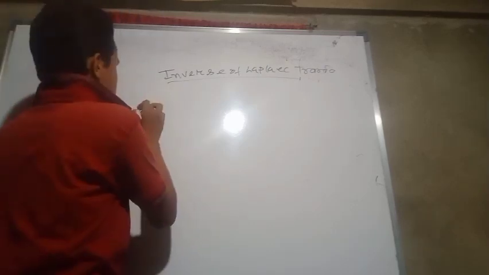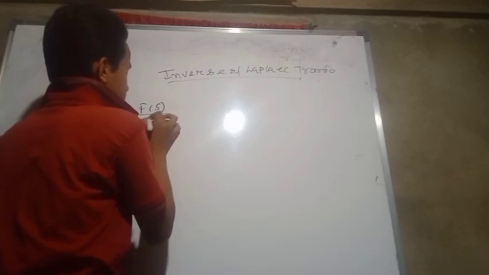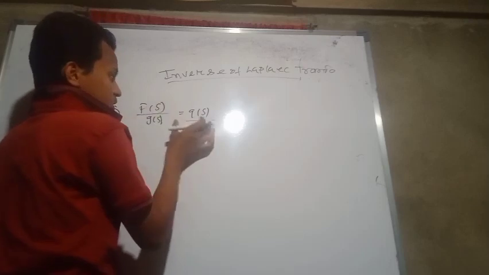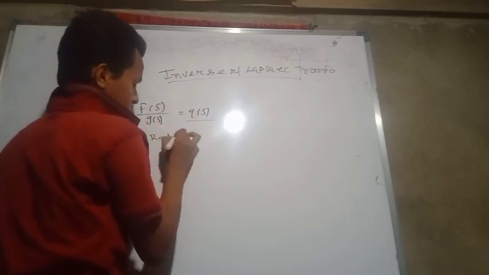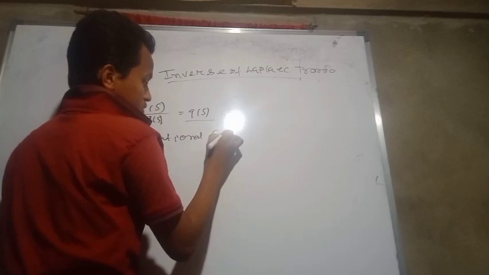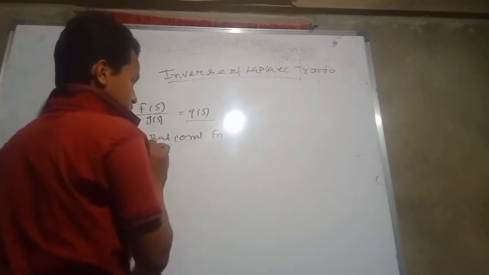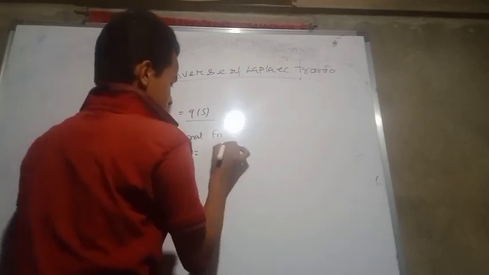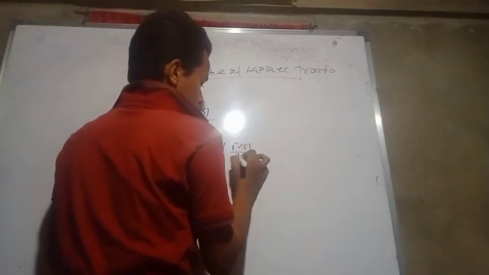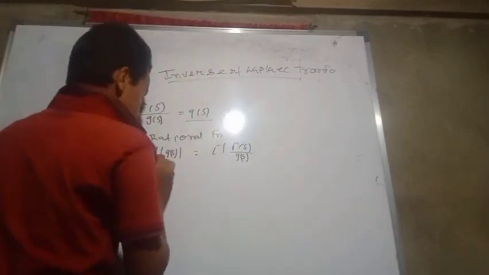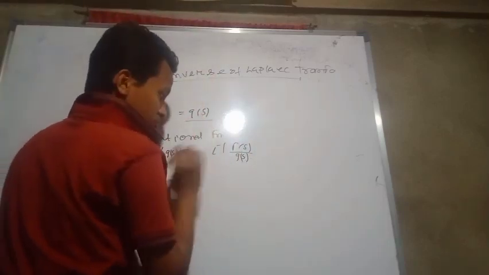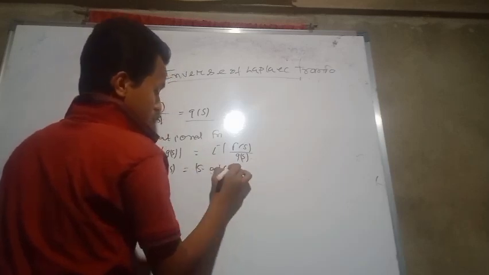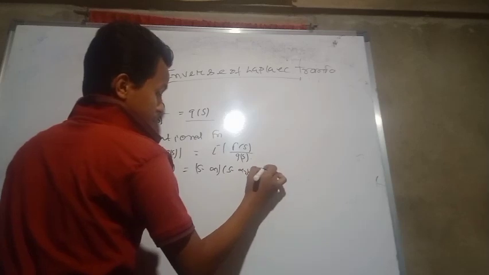Let's suppose F(s)/G(s) equals Q(s), a function represented by a rational function. Whenever it is a rational function, to find the inverse of F(s)/G(s), let's suppose G(s) is a polynomial in s that factors as (s minus alpha 1)(s minus alpha 2) up to (s minus alpha n).